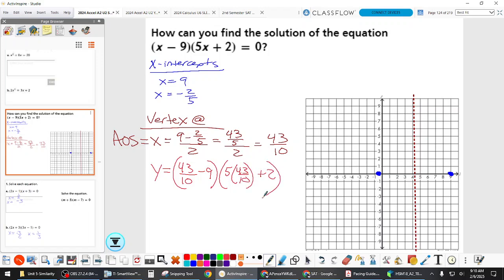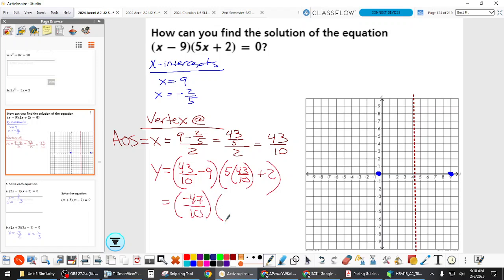All right. How many tenths is 9? 90 tenths. So 43 minus 90 is what? Negative 47. But negative.